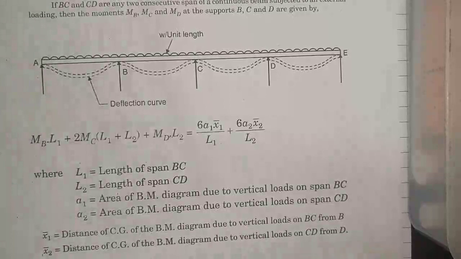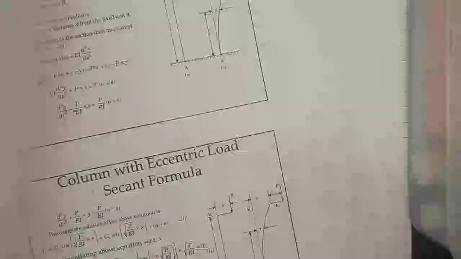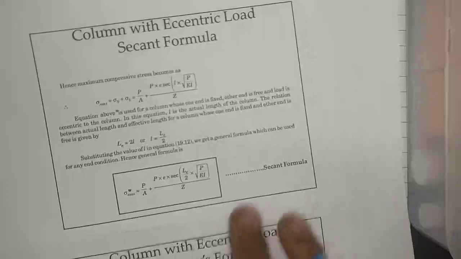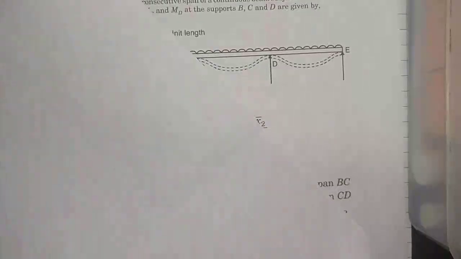And next, coming to the next problem, which is based on your secant formula. See, this is the secant formula. In the secant formula, what will be asked is the sigma value.